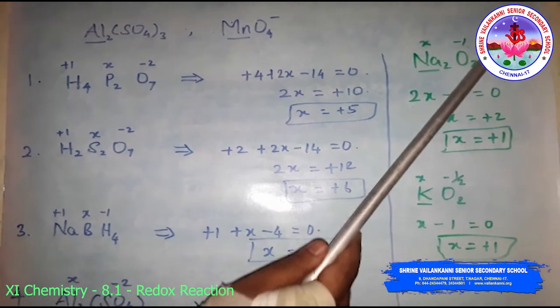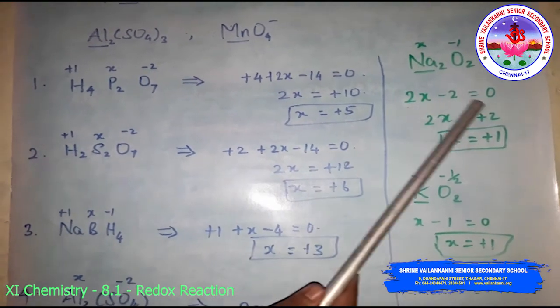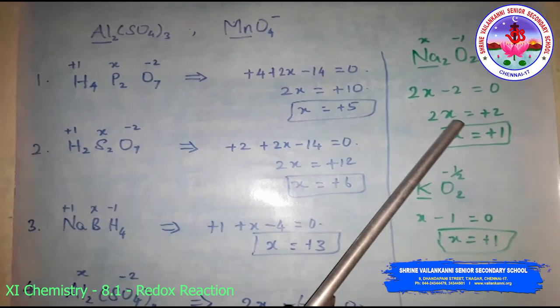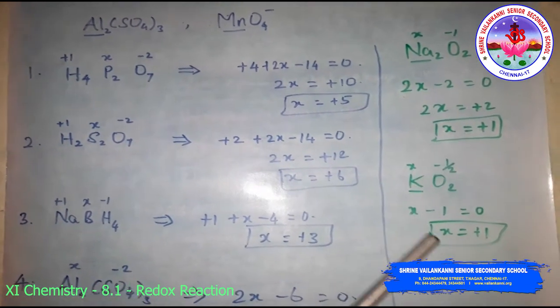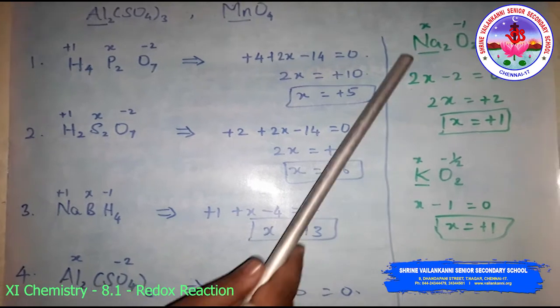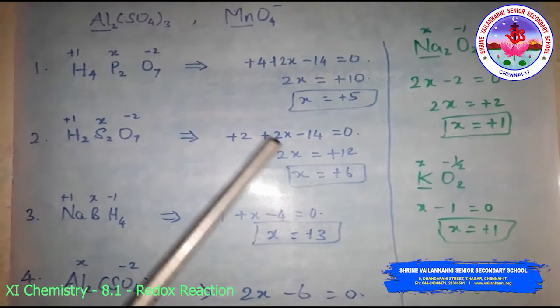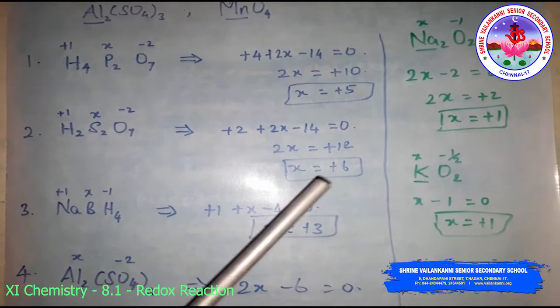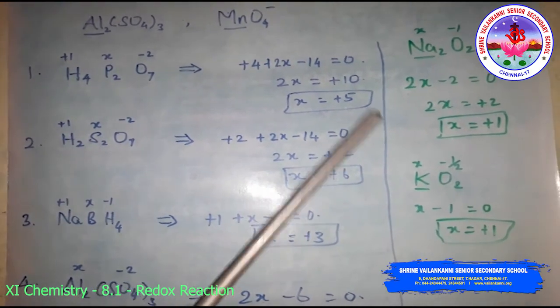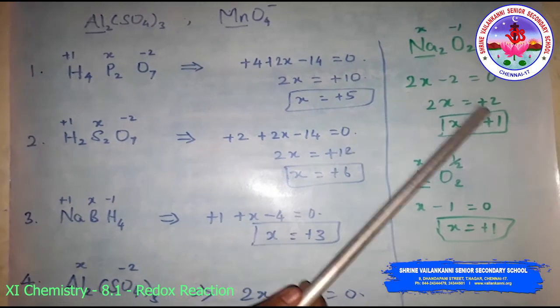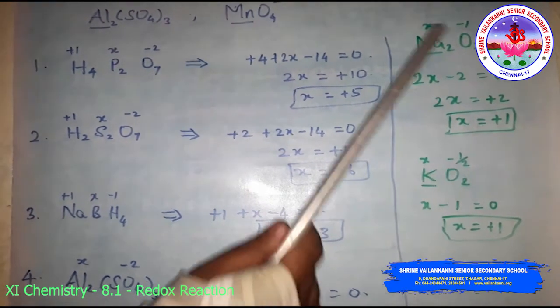So -1 into 2 is -2, and 2x. So 2x plus (-2) equals 0, 2x is equal to +2, x is equal to +1. Here the oxidation state of sodium is +1. Just remember that all alkali metals have +1 oxidation state. Here sodium is an alkali metal, so it has +1 oxidation state.